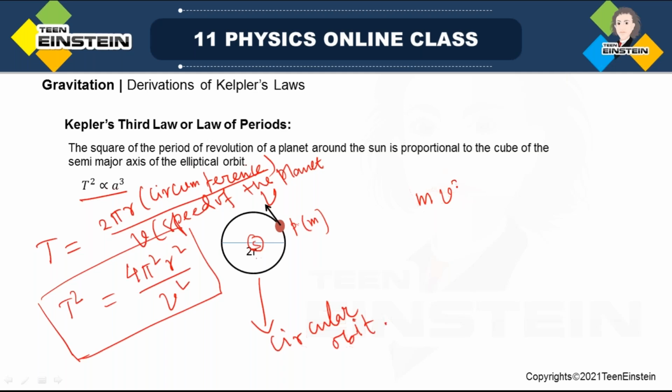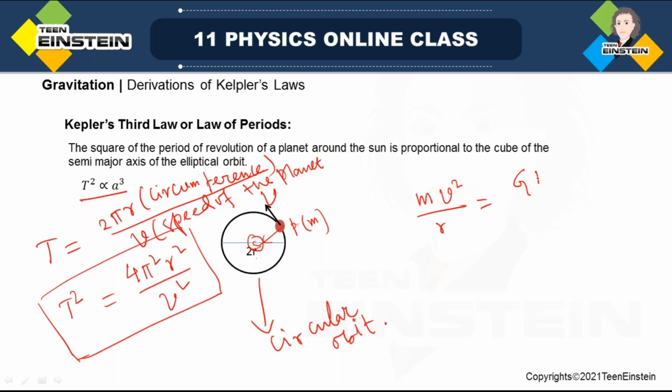So mv²/r, where m is the mass of the planet and v is the speed of the planet, is the centripetal force required for revolving around the sun in a circular orbit of radius r. Then this centripetal force is supplied by the gravitational attraction exerted on the planet by the sun.